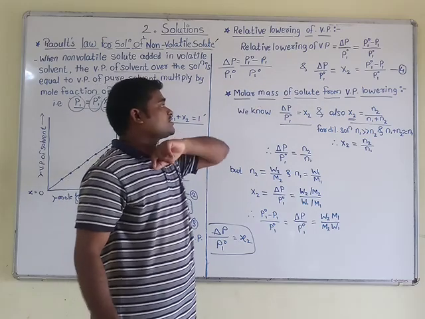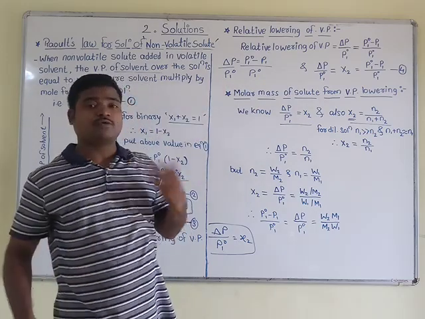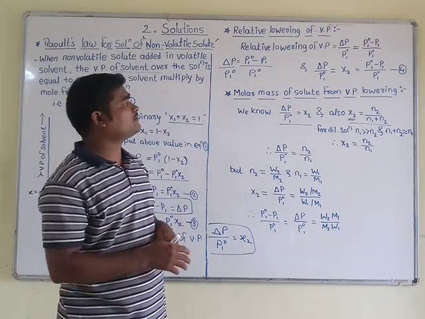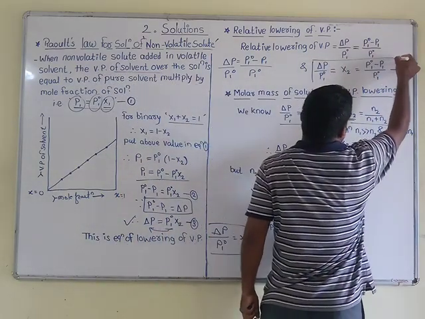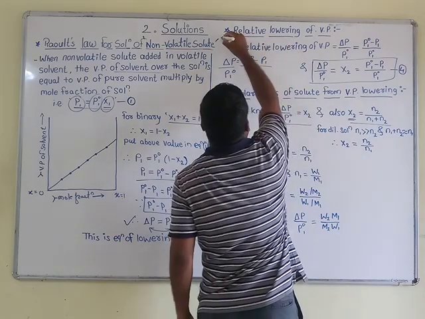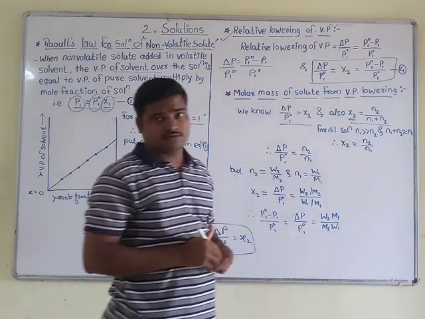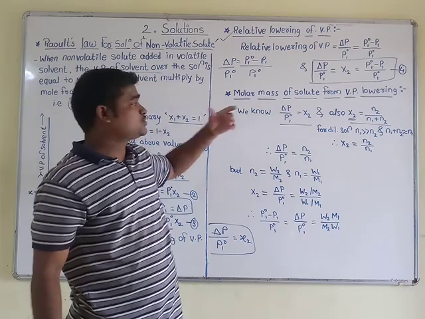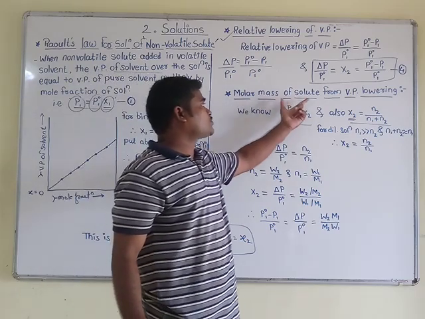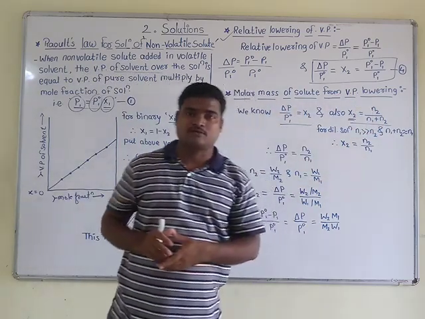Now after equation number 4, we will move to the next point. Equation number 4 indicates nothing but the relative lowering of vapor pressure. After that, what we have to show here is the molar mass of solute from vapor pressure lowering.